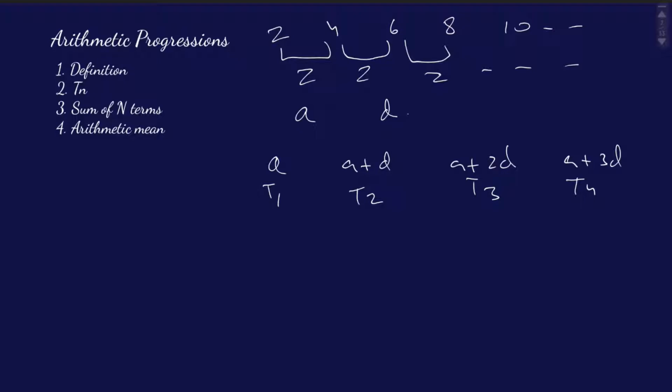Now if you notice, for the first term the coefficient of D is 0, for the second term it is 1, for the third term it is 2. So if we observe carefully, the nth term is nothing but A plus (n minus 1)D.